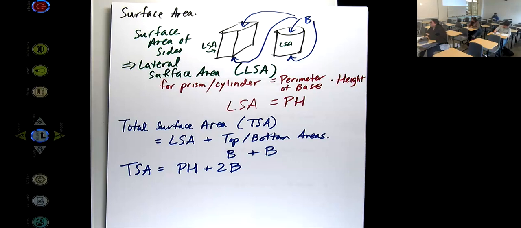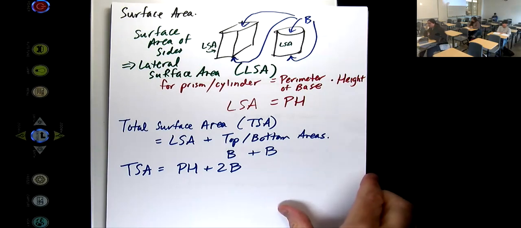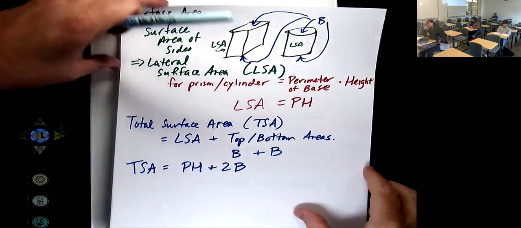And it says the area of the lateral, is that all the sides? It's all four sides. There is another way of doing it if you don't like this formula. You can find the area of each side and add it up. So let's look at a cube, or a rectangle. Let's do a rectangular box.